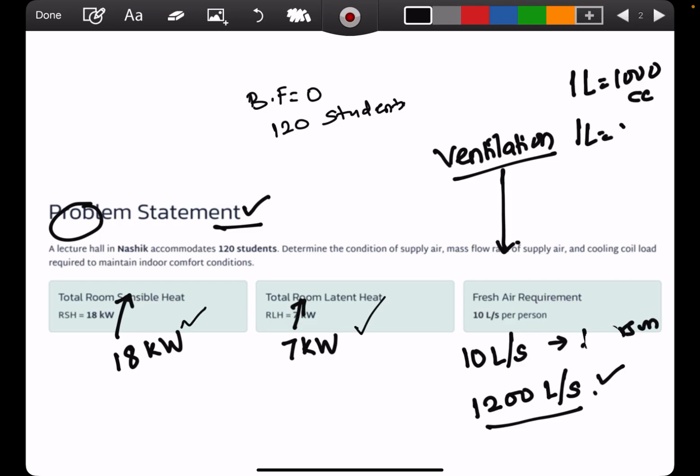I hope that you have understood this. Here the special case is that the ventilation load is significantly high because it is a closed room and there are many students in the classroom. That is the reason why the ventilation load is high, and that changes the entire calculation also.